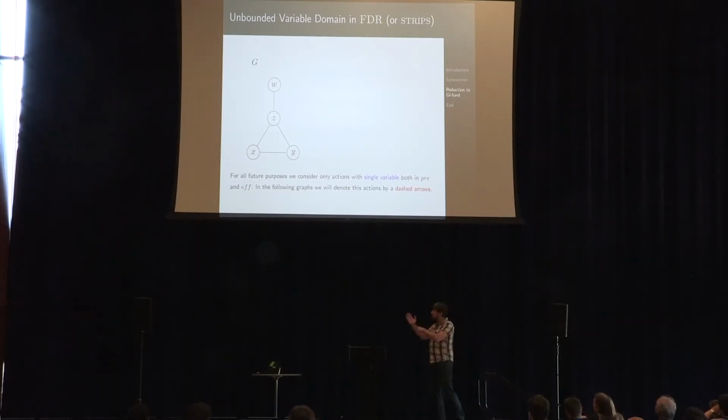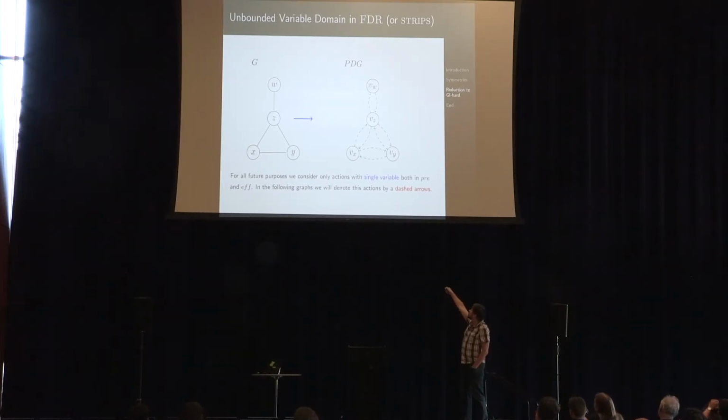Now we'll construct a planning task with the same automorphism group. So first of all, I will produce my values. Then I will make edges that will resemble an undirected edge. Those dashed arrows are basically actions with a precondition. Say this edge has a precondition vy and effect vx. I assume I do not need to convince you that the relabeling of this graph will induce the relabeling of this graph and the other way around, right?